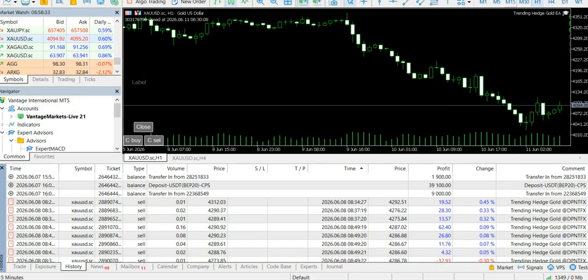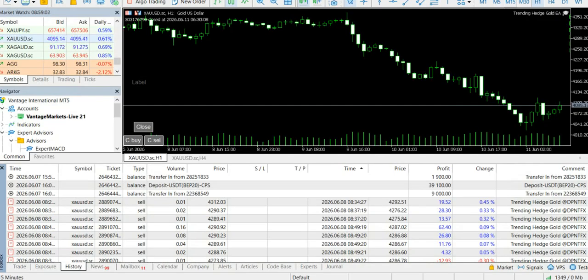I stopped the algo trading a while back because this was just a test, and fortunately we did not know this kind of movement would happen this week. We started it on the 8th of June, and then this kind of movement started. So what a good day to check whether the expert advisor is able to survive or not.